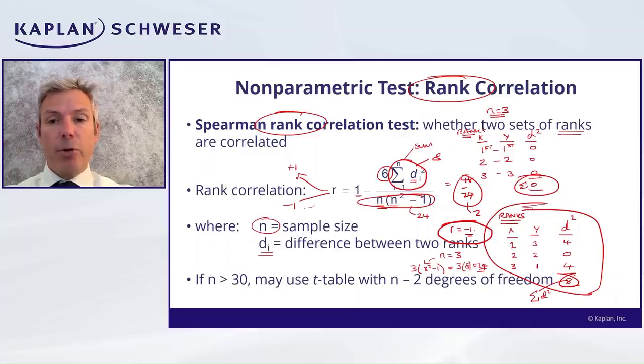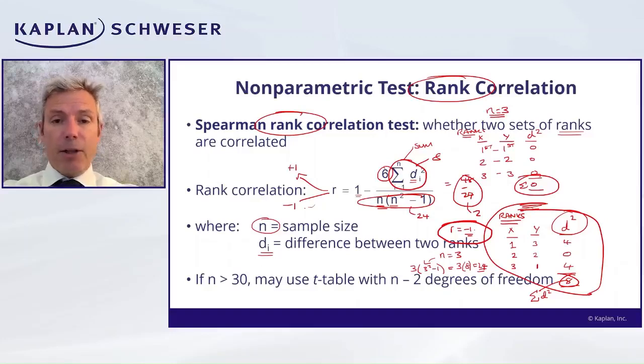It's at 2 when the d squareds are as big as they possibly can be. It involves a little bit of mathematical calculating and summation, but that's what the 6 and the n times n squared minus 1 is doing. It's just adjusting your sigma d squared such that it sits between 0, when you have perfect relationship between ranks, and 2, when you have the biggest distance between ranks possible.